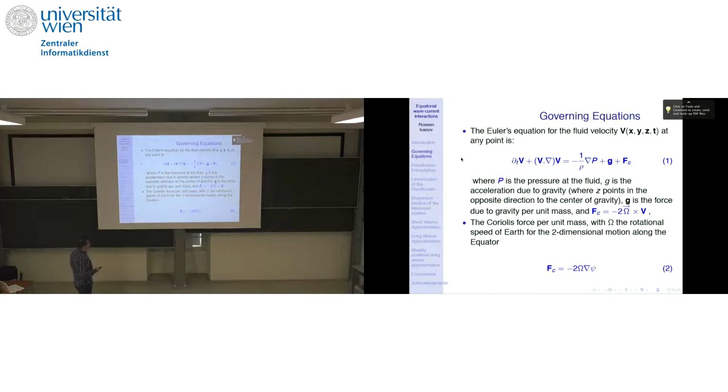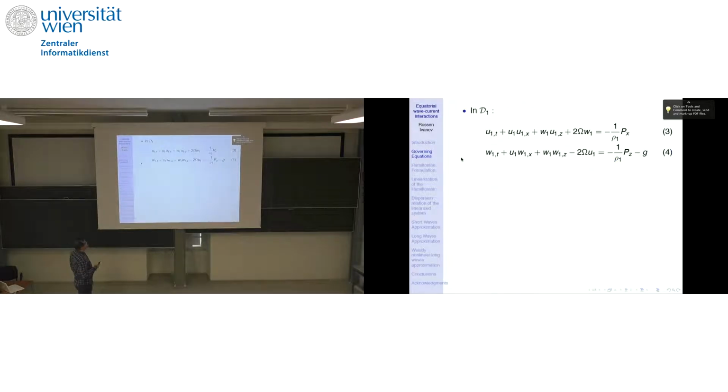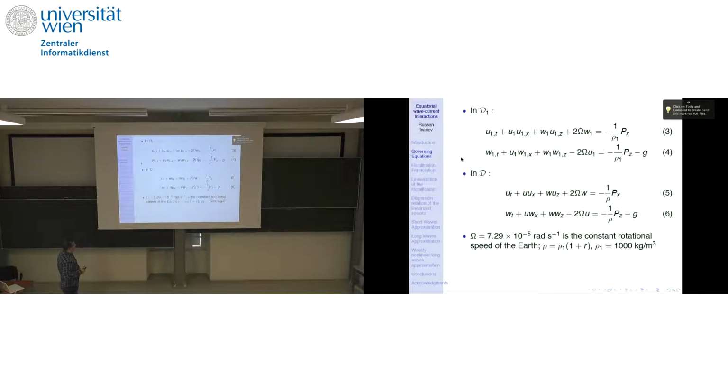So essentially, we have 2 fluid domains, and in D1, we have Euler's equations in this form, and in D we have another set of equations where this is the rotational speed, and we represent the 2 densities like this.